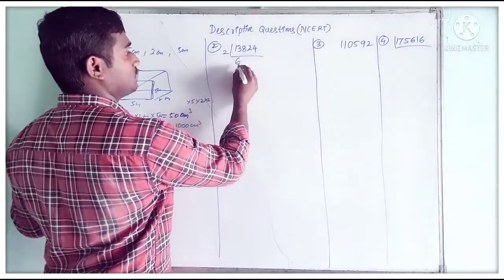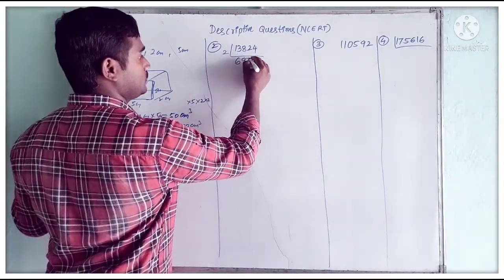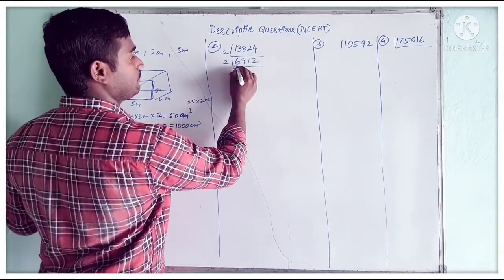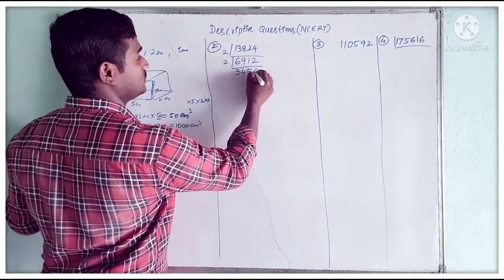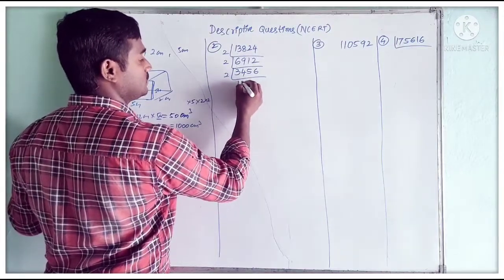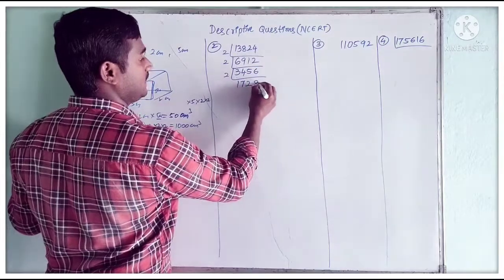2 6s are 12, 2 9s are 18. 2 1s are 2, 2 2s are 4. Again 2 1s are 2, 2 3s are 6. 2 4s are 8, 2 5s are 10. 2 6s are 12. Next 2 1s are 2, 2 7s are 14. 2 2s are 4, 2 8s are 16.